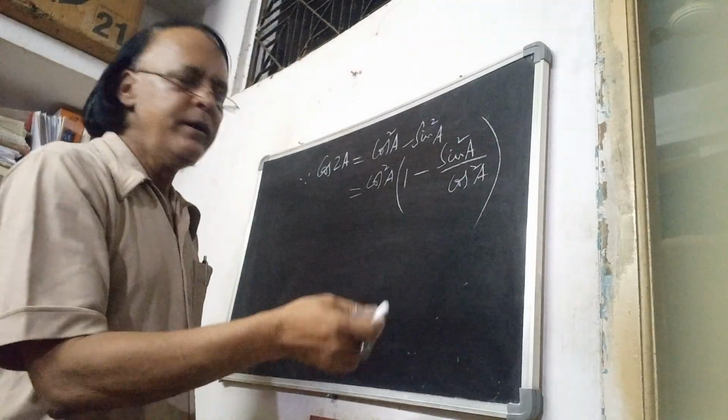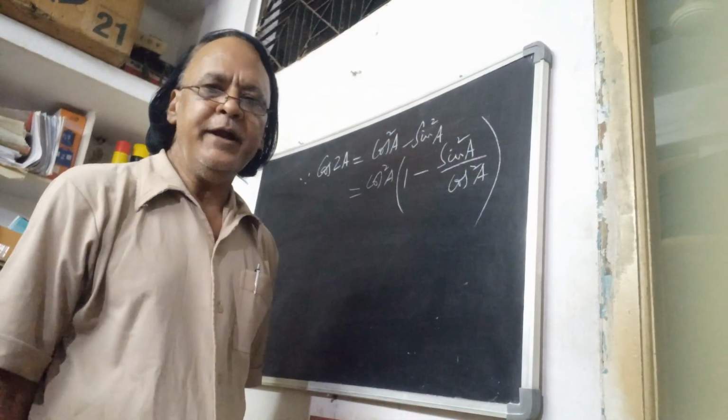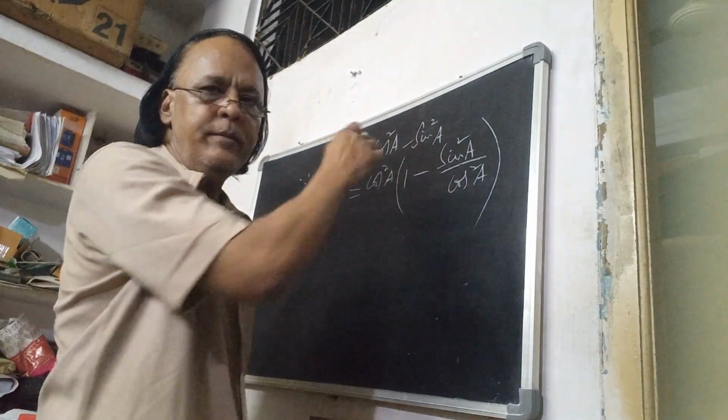How do we get this? By multiplying and dividing by cos square a.